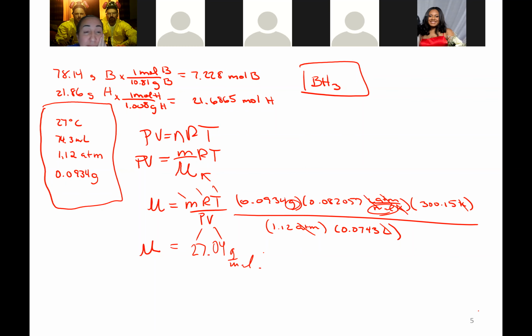Because we're not done. At this point, if you were in chapter 4, I would have given you this information. And then what do you do to get the molecular formula? Divide or multiply, depending on where you started. Be more specific.